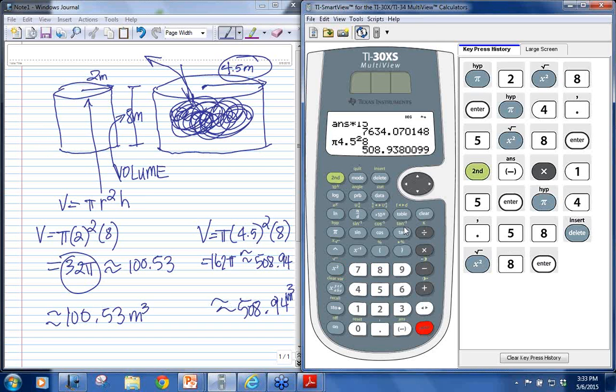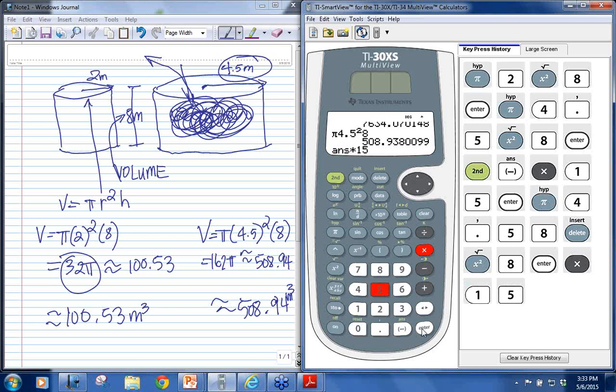Okay, now if I press my multiplication button, it does the same thing. So immediately reverting to a new operation takes your last answer and immediately inserts it into your next line.